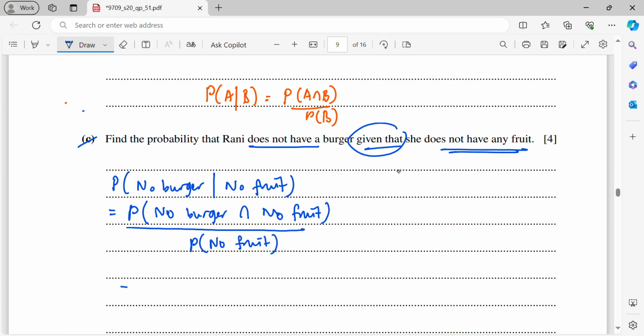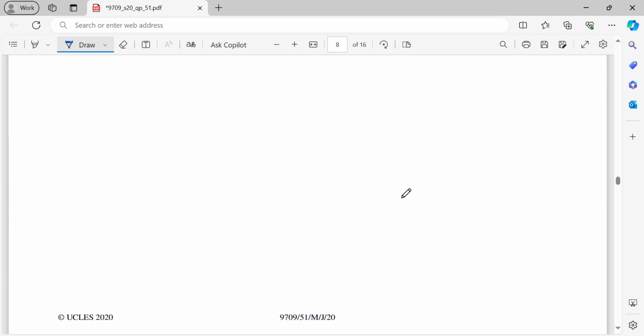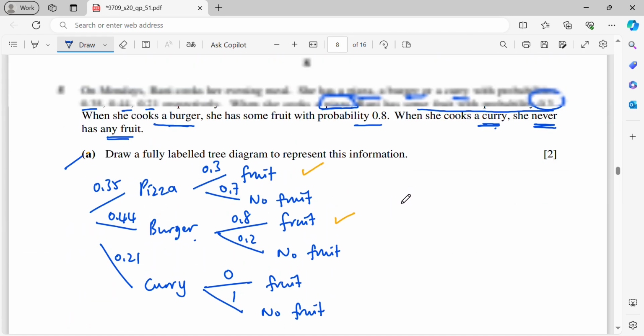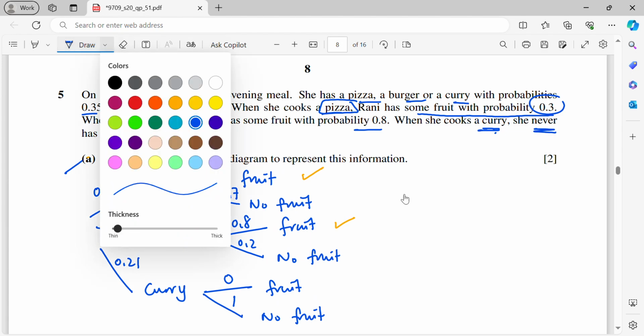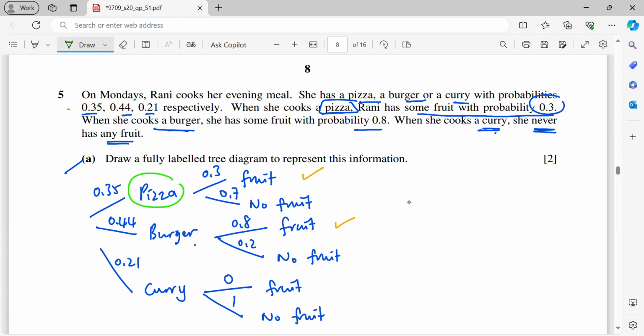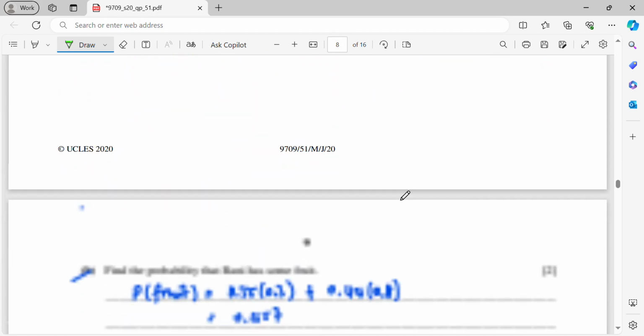Okay, so now no burger and no fruit, that means it could be pizza and no fruit, or curry with no fruit. Okay, as long as not burger. Alright, so here I will rewrite.